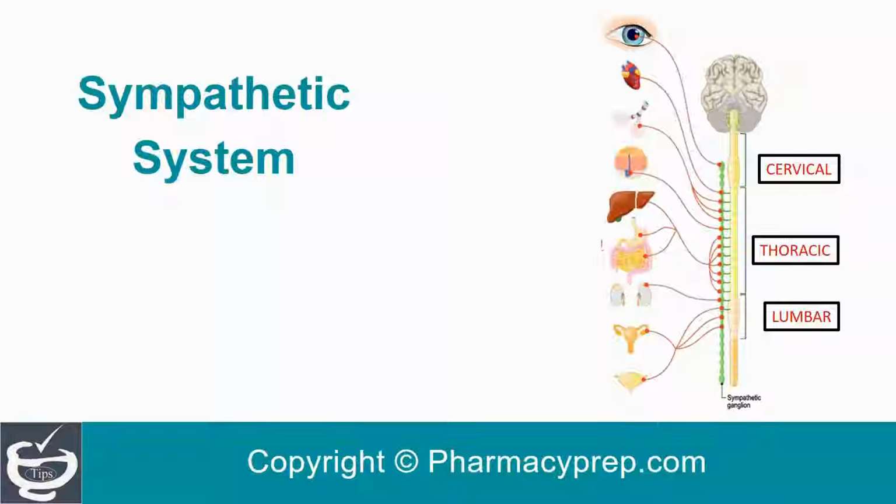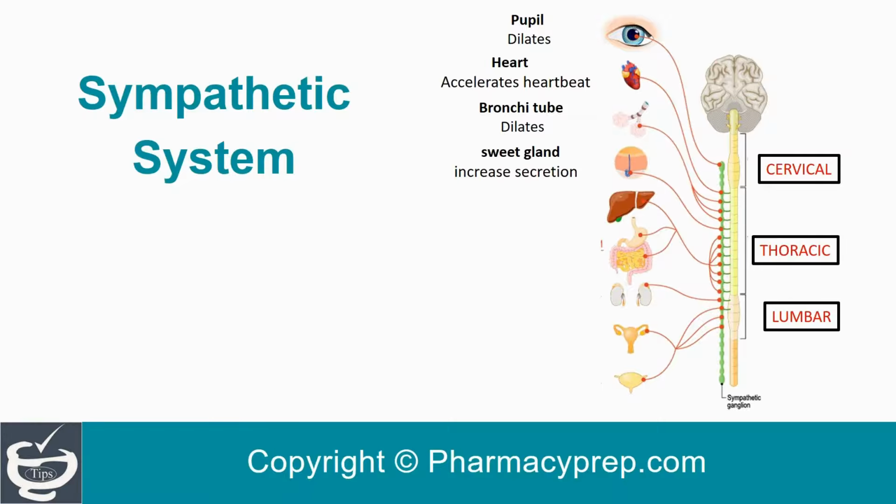Here, the sympathetic effector organs are the eyes, where the sympathetic effect is dilation of the pupil, and the heart, where it accelerates or increases heartbeat. In the lungs, it dilates the bronchial tubes, and it increases sweat secretion. Sympathetic converts glycogen to glucose, increasing glucose production.